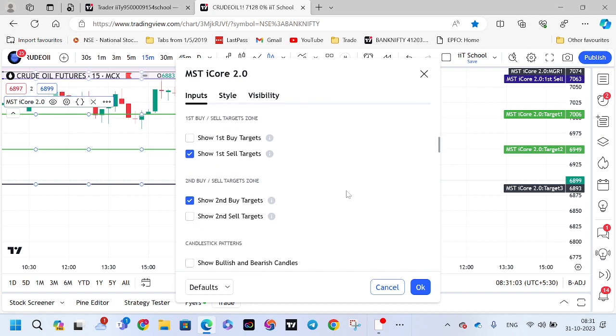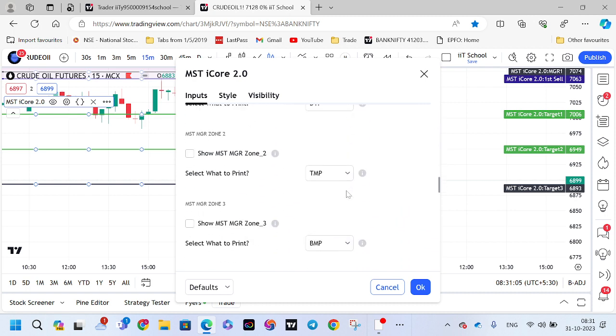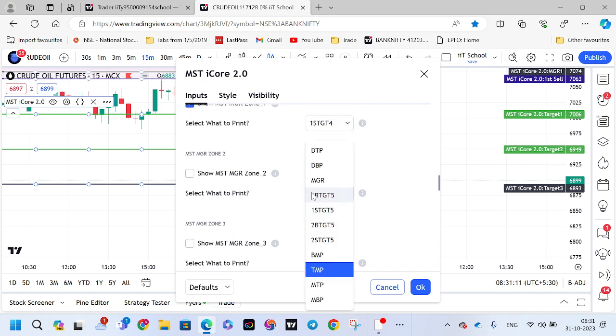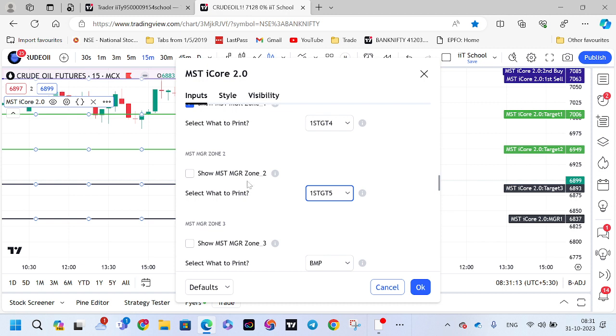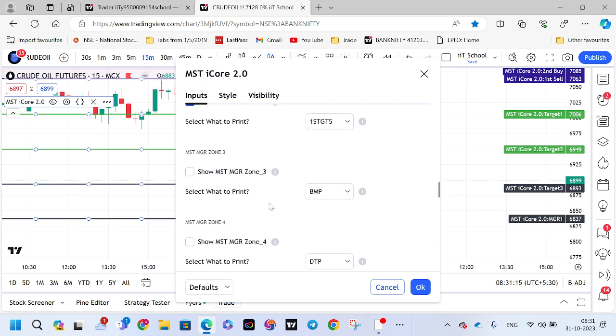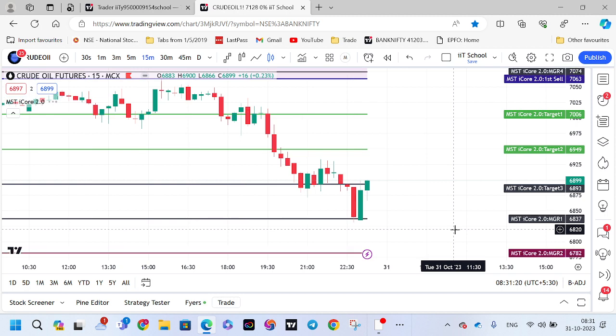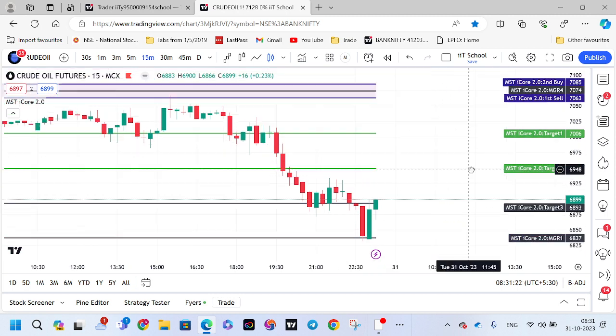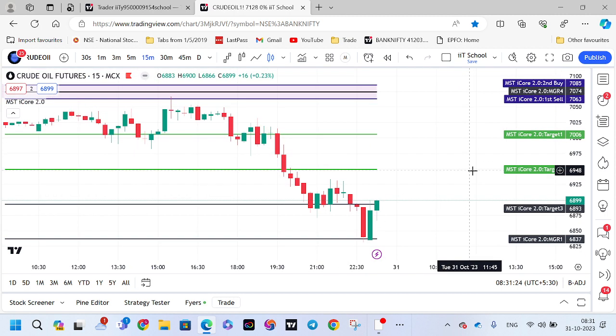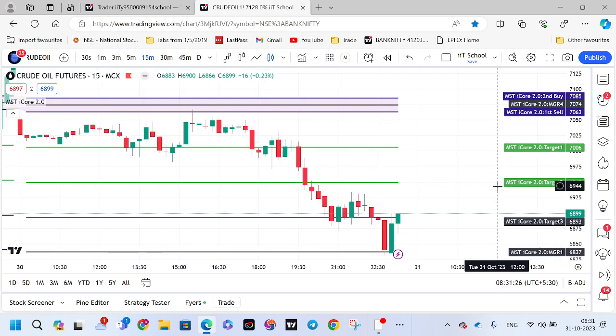We can add one more target also if you want to know the next level. I will add 2 targets. You can see, perfectly 4 targets have been hit in 1:4 ratio. Clear? This is what happened with bank nifty.